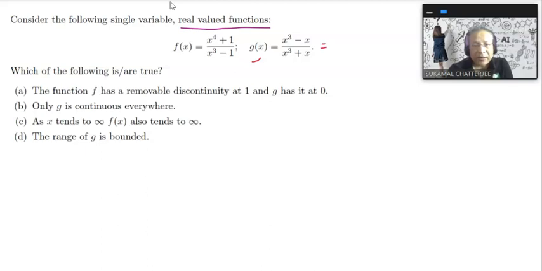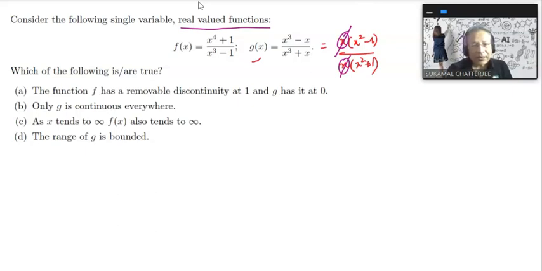So we can simplify g(x) as x times (x square minus 1) by x times (x square plus 1). So in case of g(x), we can see that there is a removable discontinuity at x equal to 0. So we can cancel it out. That means there will be a hole at x equal to 0.